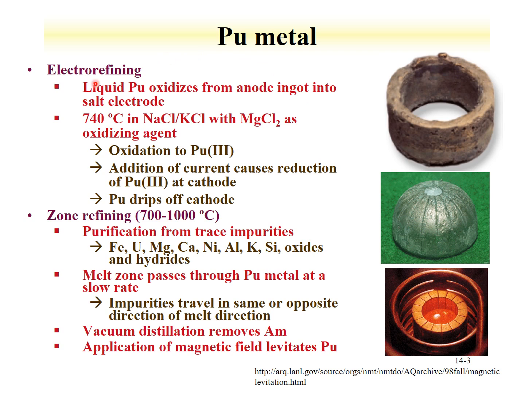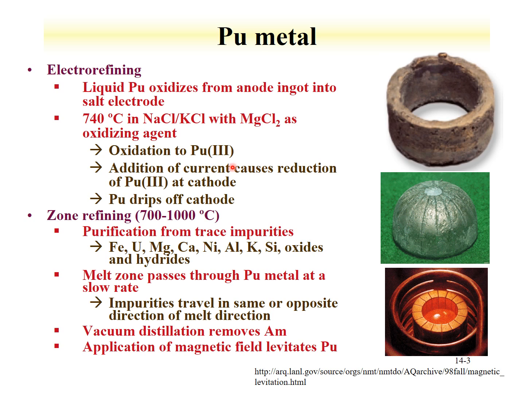Electrorefining is a process where plutonium is formed into a metal in a molten salt system. In this case, plutonium can oxidize from an anode ingot into an electrolyte salt. The salt is at elevated temperature above the melting point of plutonium metal. So the plutonium can be introduced as oxidized plutonium-3.